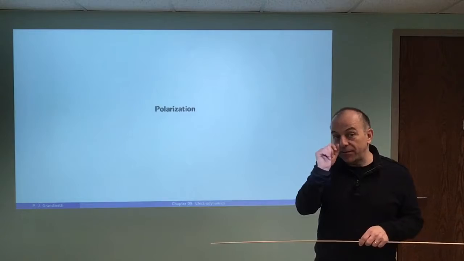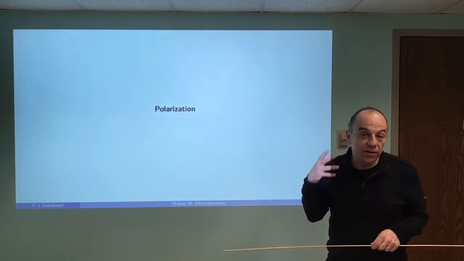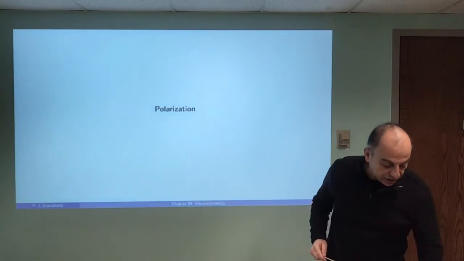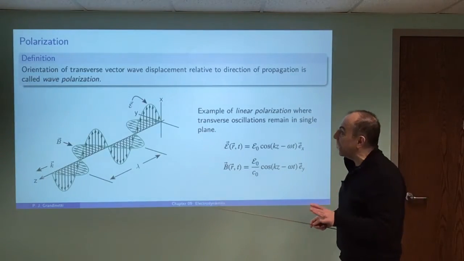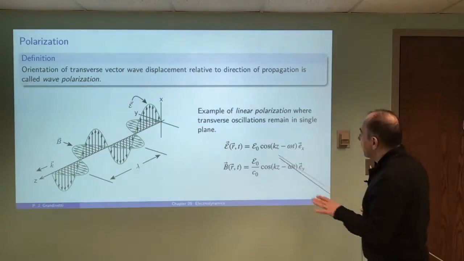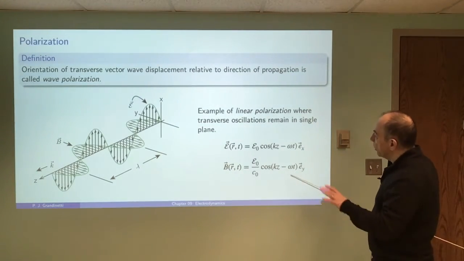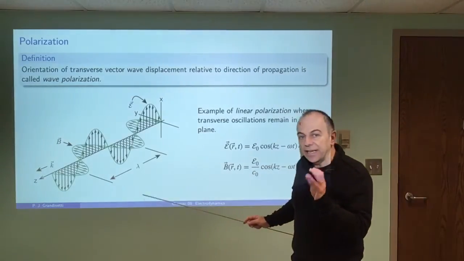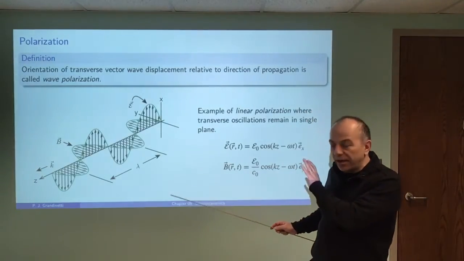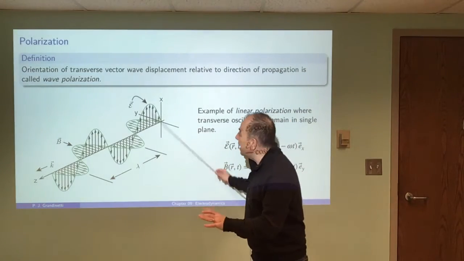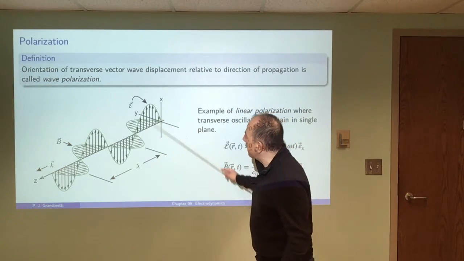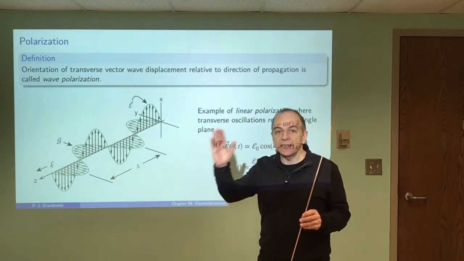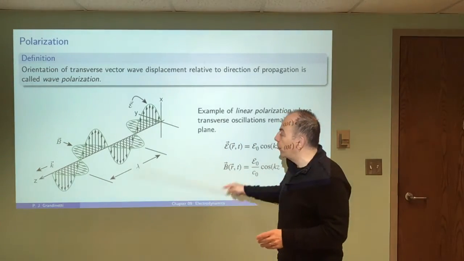Now, one of the properties that we have to worry about for transverse waves moving in 3 dimensions is the wave's polarization. So what do we mean by that? Well, if you remember the wave solution that we got earlier, where it was a plane wave and we had transverse oscillations of the E field and the B field as the wave moved forward in space, those E field oscillations were oscillating along the x-axis in such a way that they were staying in a single plane as the wave moved forward.